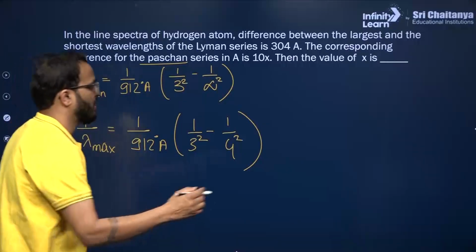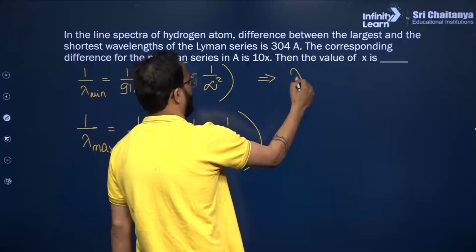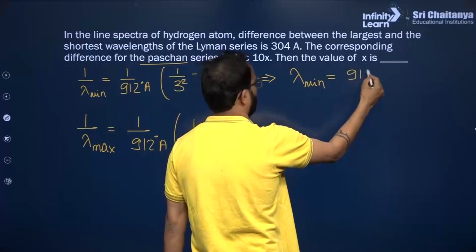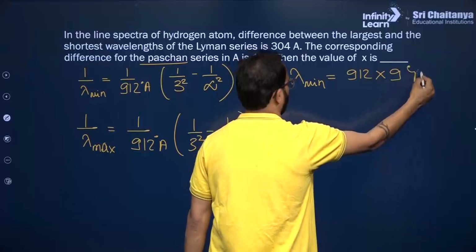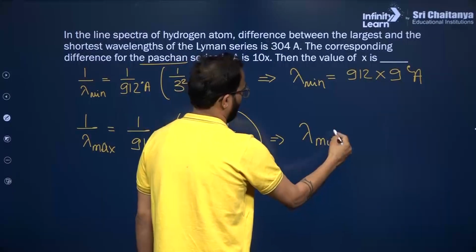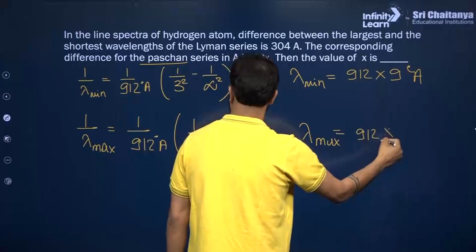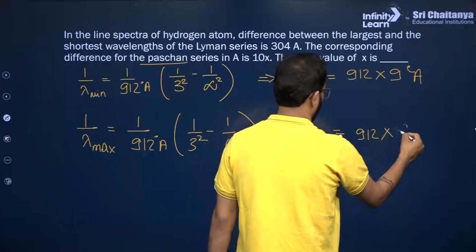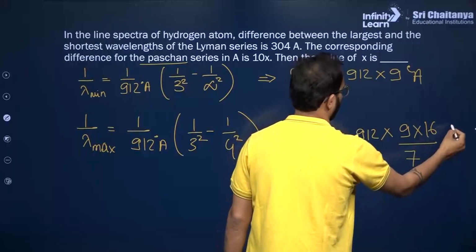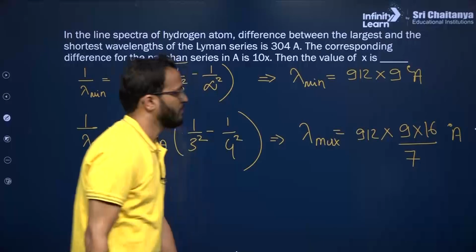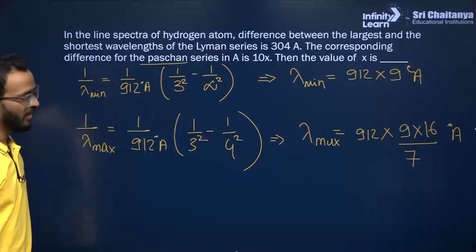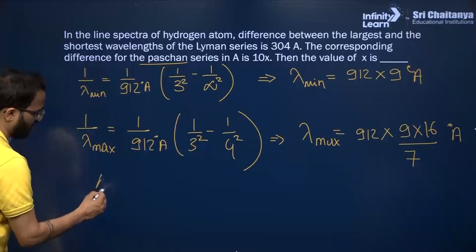What is lambda minimum? Tell me. From here, lambda minimum comes out to be 912 into 9 angstroms, and lambda maximum comes out to be 912 into 9 into 16 by 7 angstrom. Yes or no? 9 into 16 by 16 minus 9 is 7 angstrom. So find out the difference.